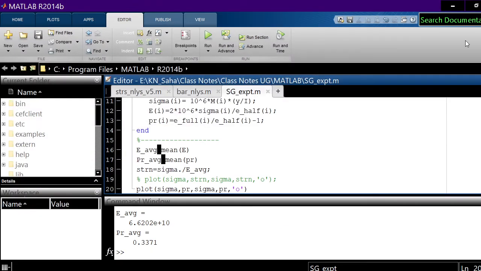Similarly, we can get an individual plot for this E reading also. So instead of sigma versus PR, we can make a plot of sigma versus E, right? This E is our Young's modulus, okay. So this one has to be E as well, right? Okay. Let us see.